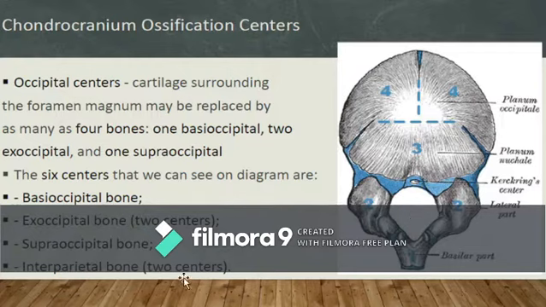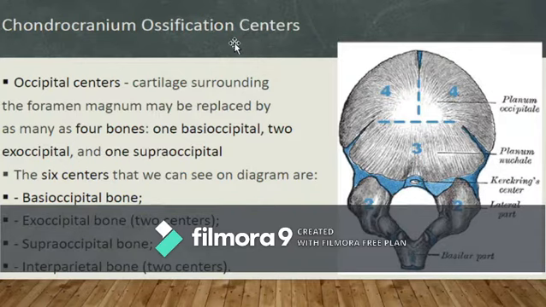So, development of the chondrocranium. After the formation of the embryonic brain, the mesenchyme differentiates to form a membranous layer called the membranous cranium. So later on, when the chondrocranium develops further, it has its own ossification centers.